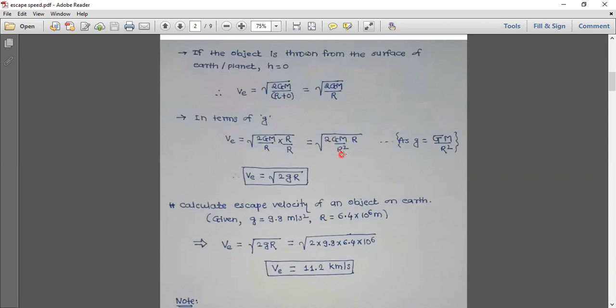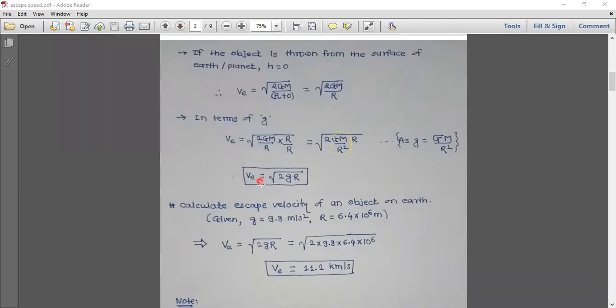Now this GM by r square is nothing but the value of g. So g is equal to GM by r square, and therefore v is equal to root 2gr. Okay, this is escape speed in terms of g.